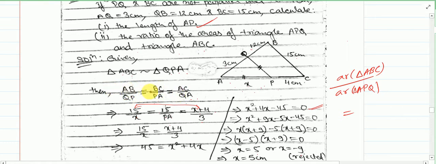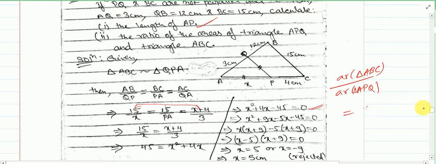Out of these three, whichever value you know, you should take a square of that. Since on the left hand side in the numerator I have taken triangle ABC, on the right you should have the side of triangle ABC in the numerator.